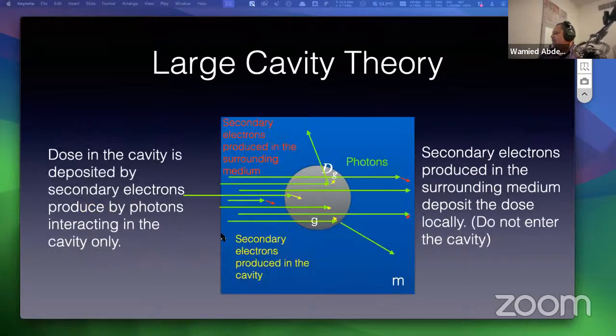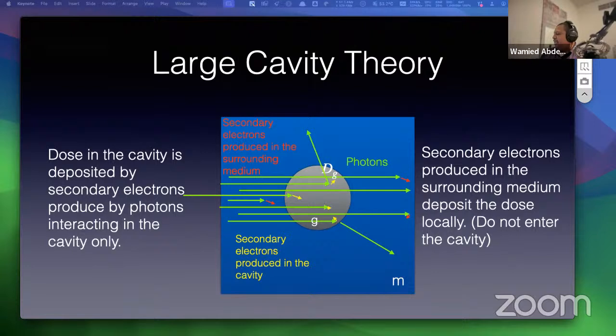Let's look at this depiction of what's happening. So we have photons. Some of these photons will interact in the medium and generate secondary electrons. Some of the photons just go through the medium, and some of the photons will actually interact within the cavity.